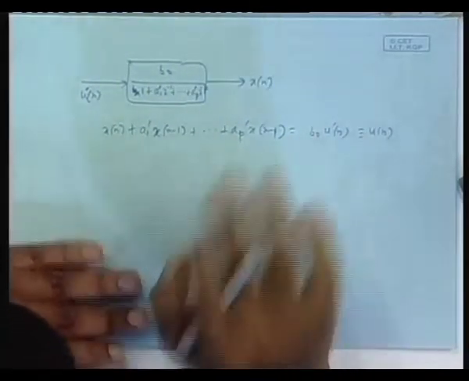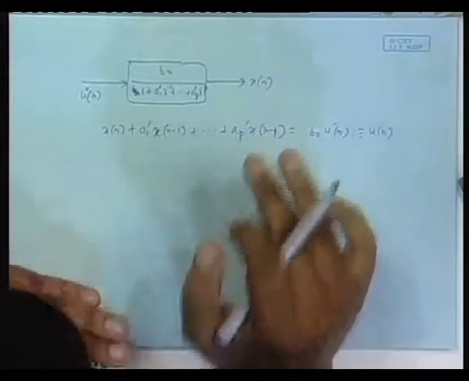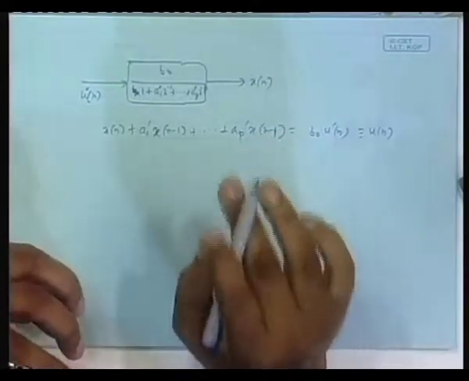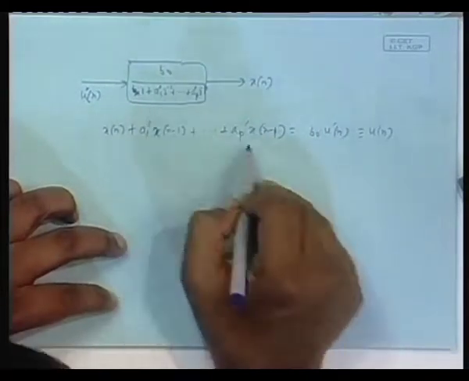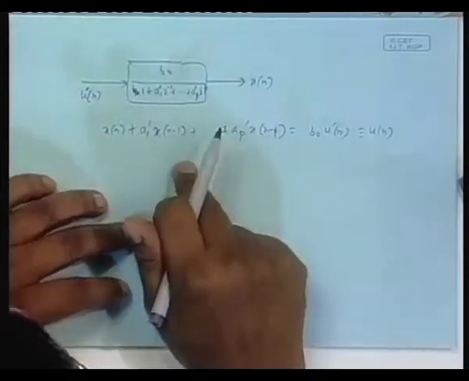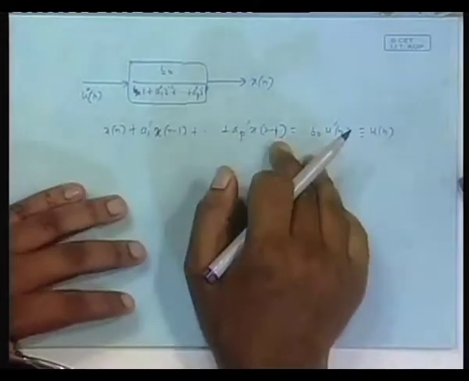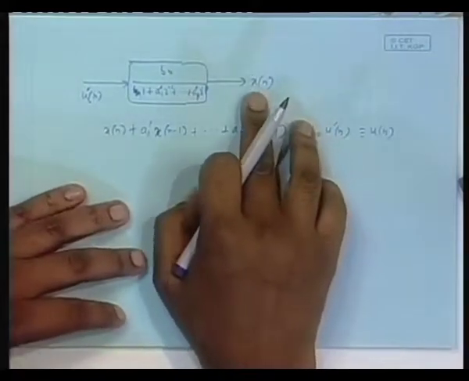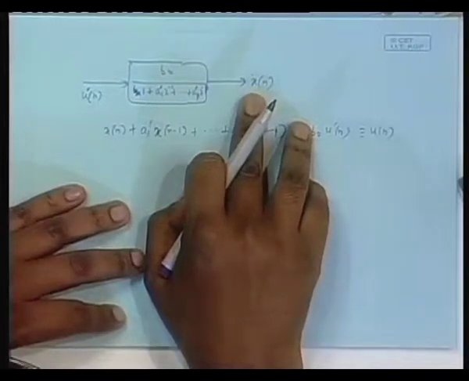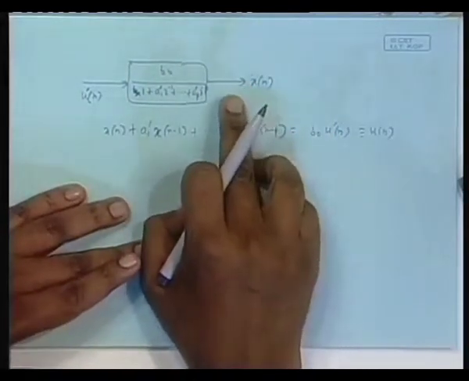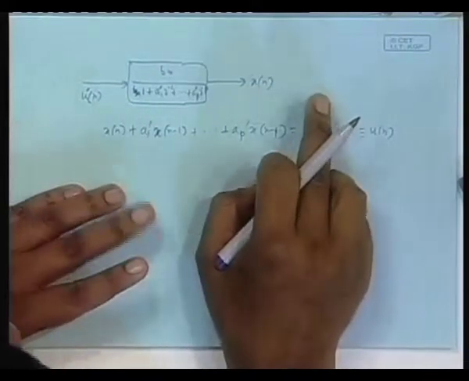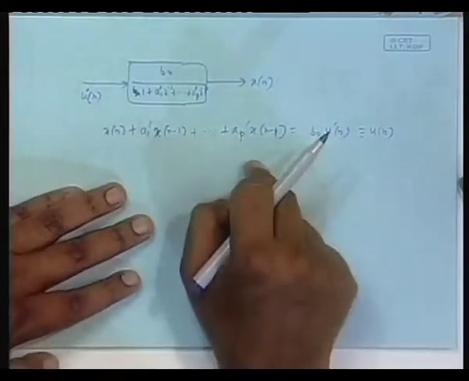If this be the case, then I will show, as I did yesterday in a hurry, that these AR parameter coefficients, these filter parameter coefficients, are nothing but what you would get if you do linear prediction of x n from its past p samples, that is, the linear combiner coefficients combining x n minus 1, x n minus 2 up to x n minus p. Those coefficients are nothing but these coefficients.